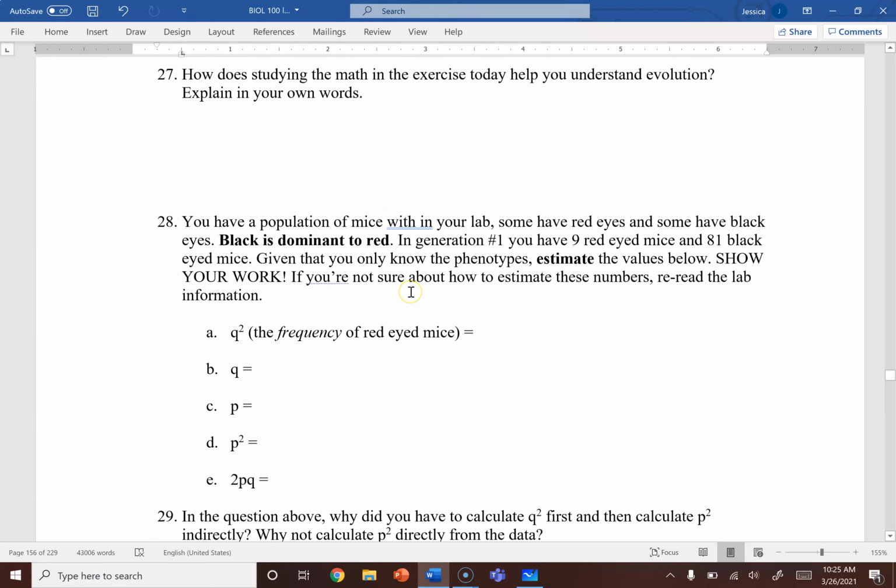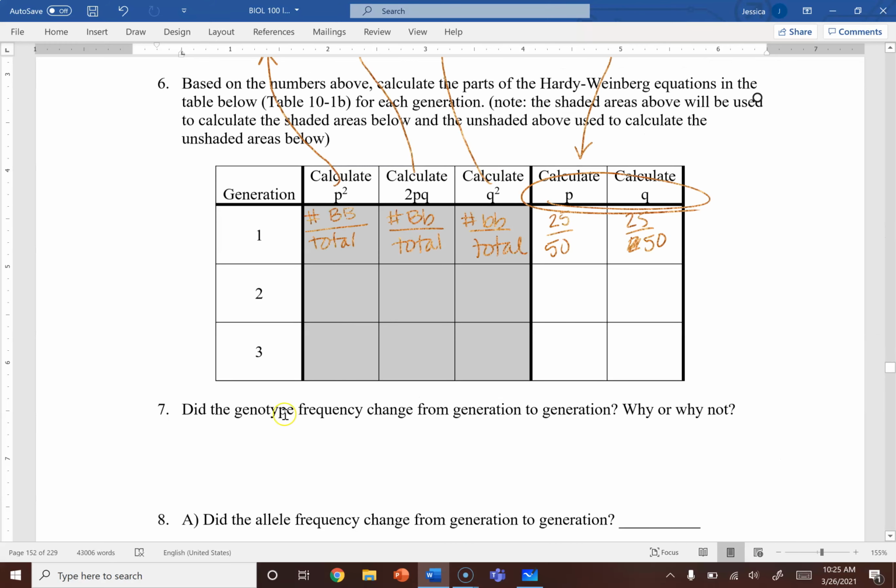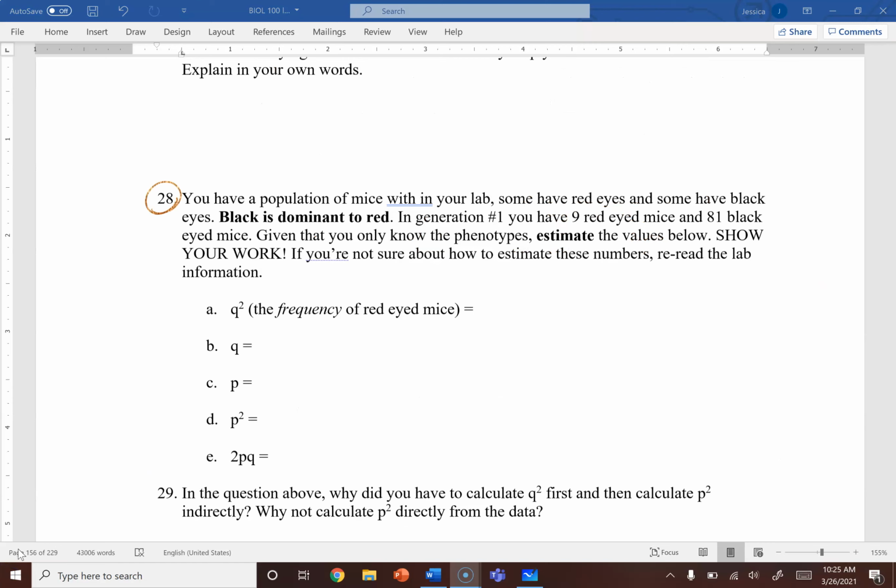Now, I want to direct your attention very quickly to question number 28, because this is the most missed question on this lab. If you have watched the practice problem videos for Hardy-Weinberg and gone through any of the practice material or the homework, you will notice that I tell you the first step in doing Hardy-Weinberg problems is to identify if you are given alleles or phenotypes.